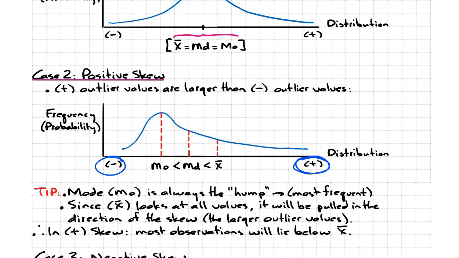Nevertheless, you can see the magnitude here versus the magnitude there. This is what positive skew means. These positive outlier values are much larger in size than the negative outlier values. If that's the case, you can see that the stretch on the right side is greater or lengthier than the stretch on the left side.